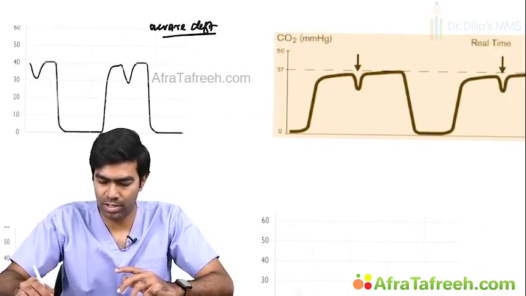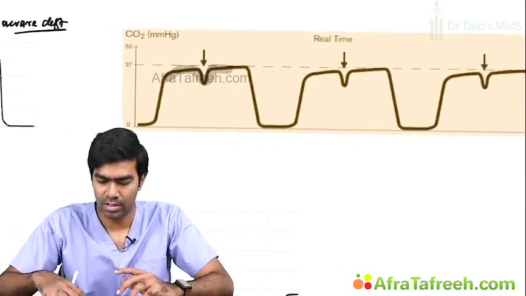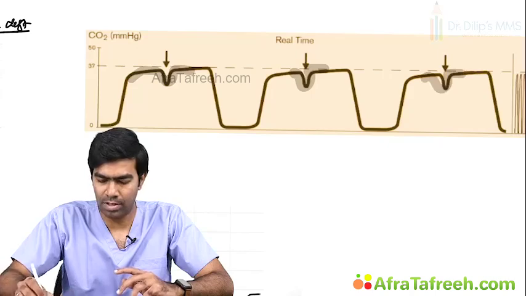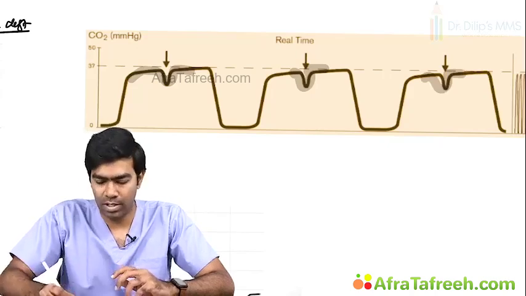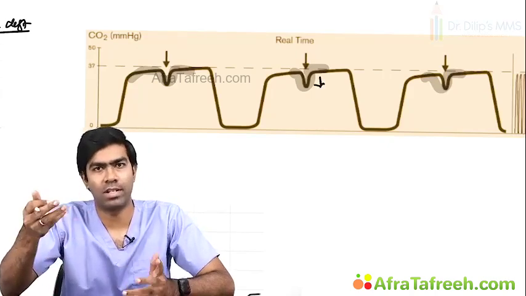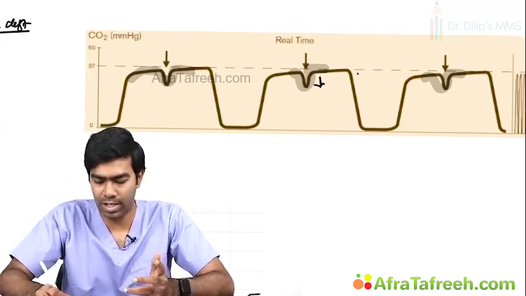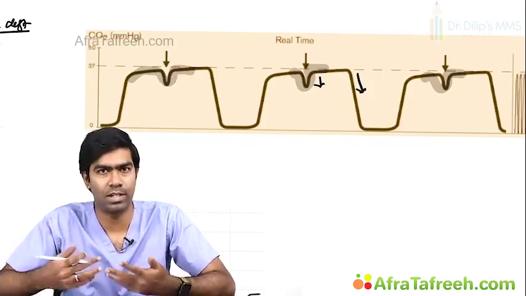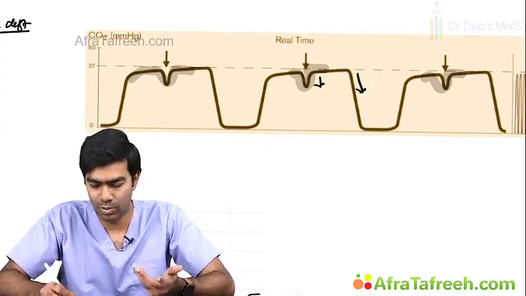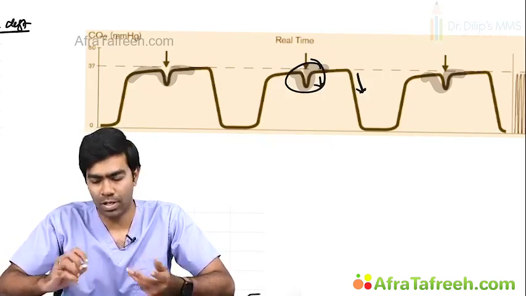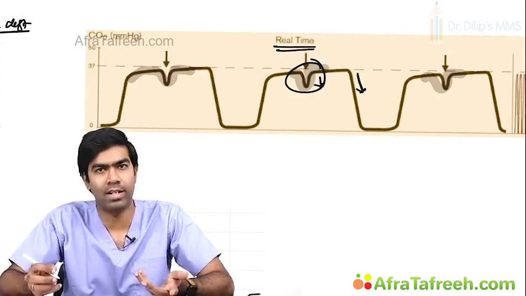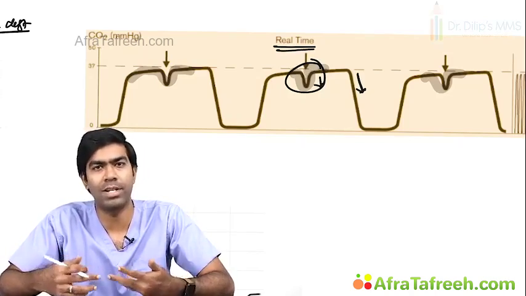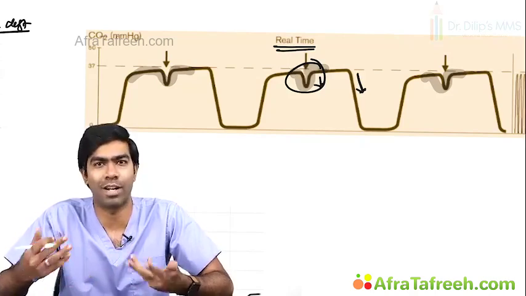A sudden drop in the CO2 pressure will happen when the patient starts breathing, inspiring or inhaling. So that's what is happening here. But during expiration on a ventilator, if the patient is inspiring, it means the patient is not getting adequate neuromuscular blockade.